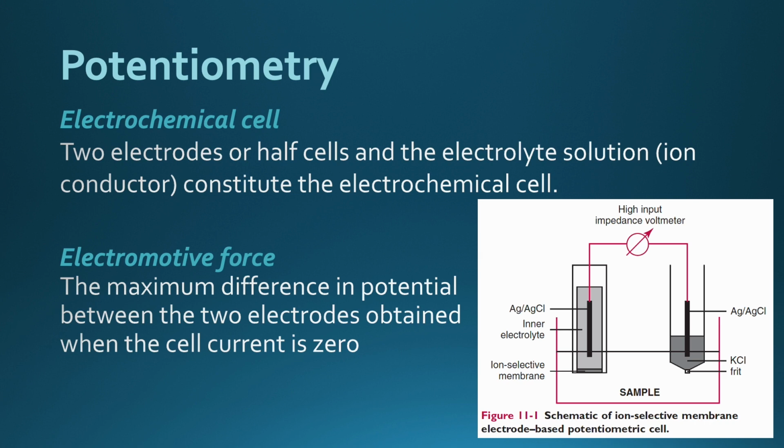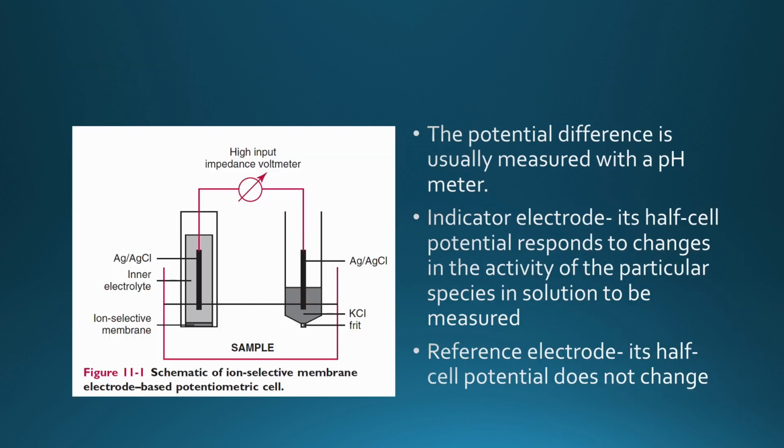The maximum difference in potential between the two electrodes obtained when the cell current is zero is called the electromotive force. The potential difference between the two electrodes is usually measured with a pH meter. And I mentioned earlier that we have two different electrodes in this electrochemical cell.